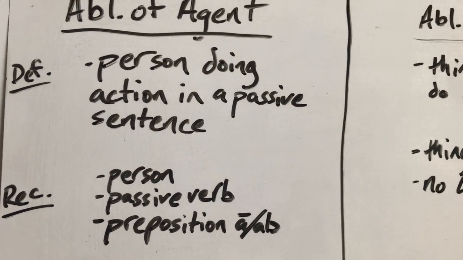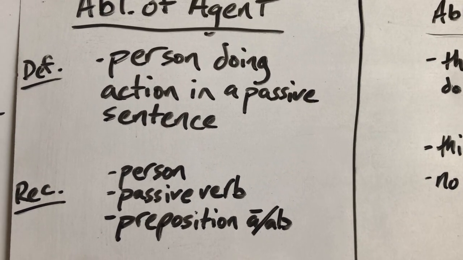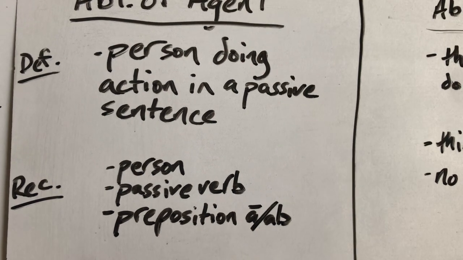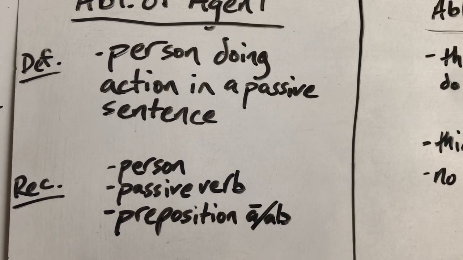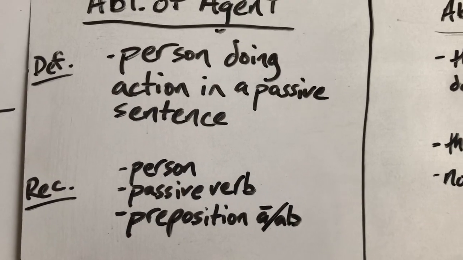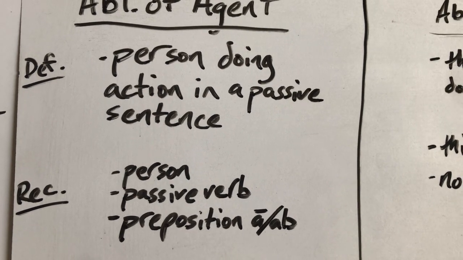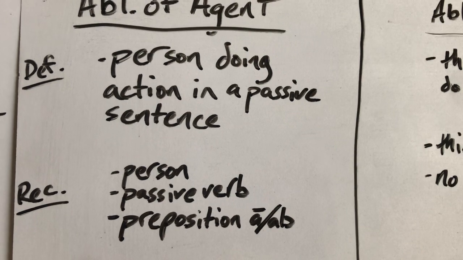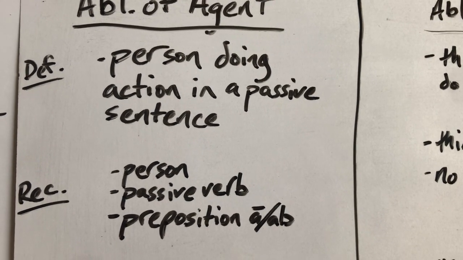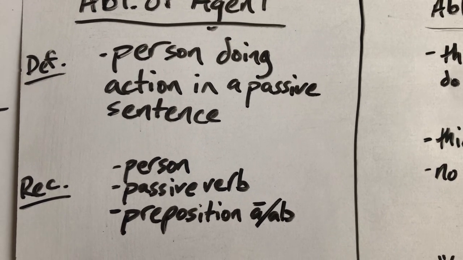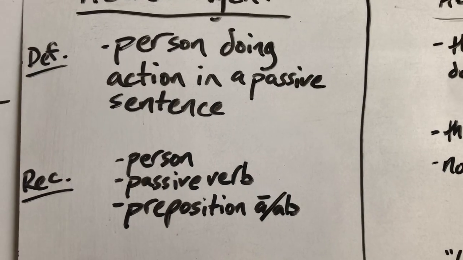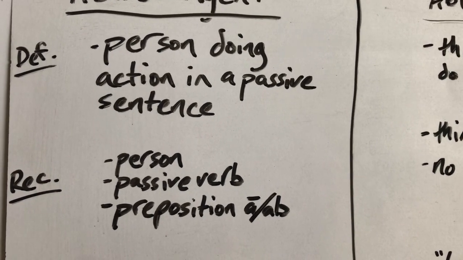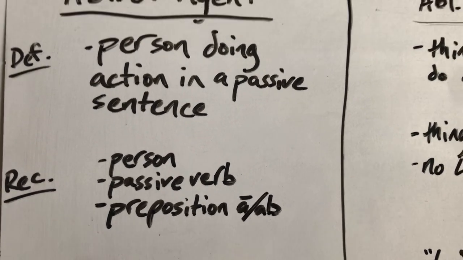And then the third thing to look for is you need to have the preposition a or ab. Okay, and a and ab are the same thing. It's just you can only use a if the next word starts with a consonant. Sort of like English a and an. It's a similar sort of thing. So the three words that start with P: person, passive verb, and preposition a or ab.